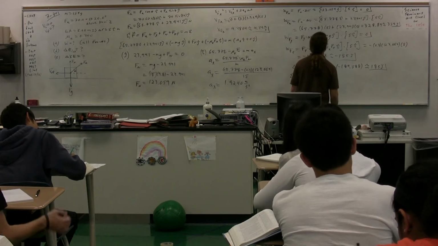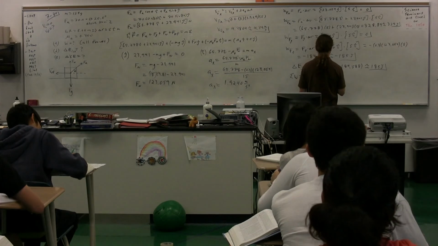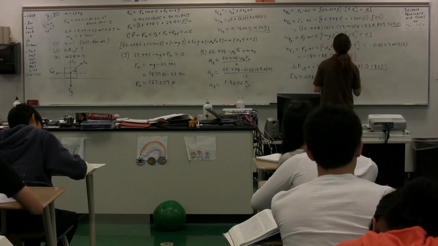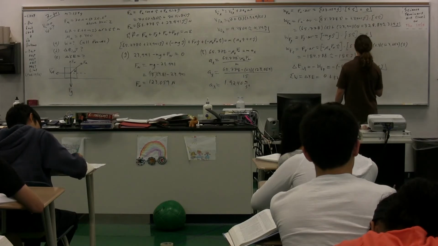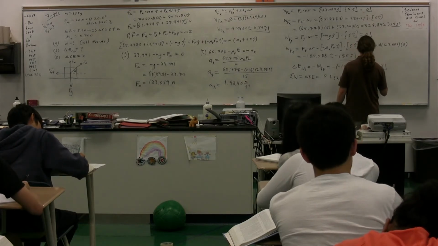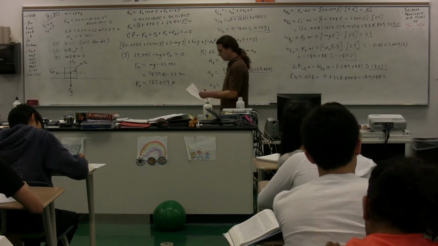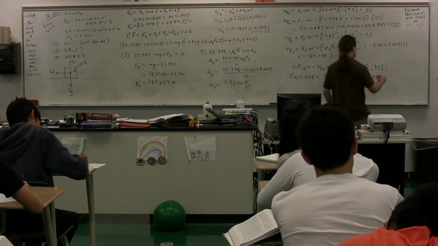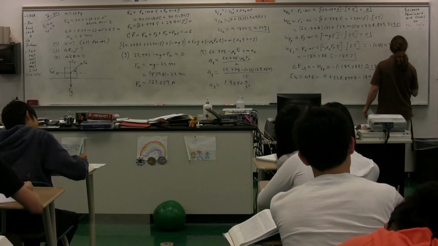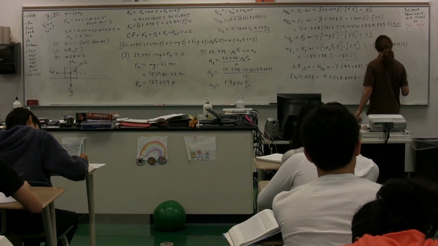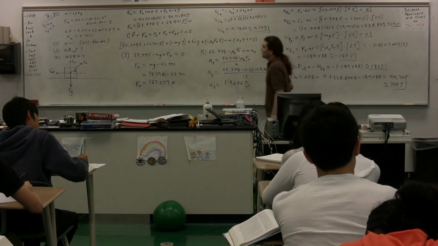Change in kinetic energy then is going to be 0 plus 328.89 plus 0 minus 184.588. The change in kinetic energy is 144.305, with sig figs 144 joules. Okay. Good.